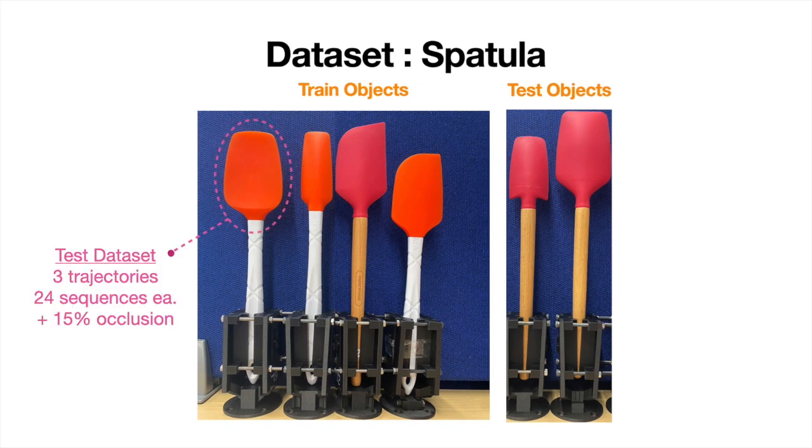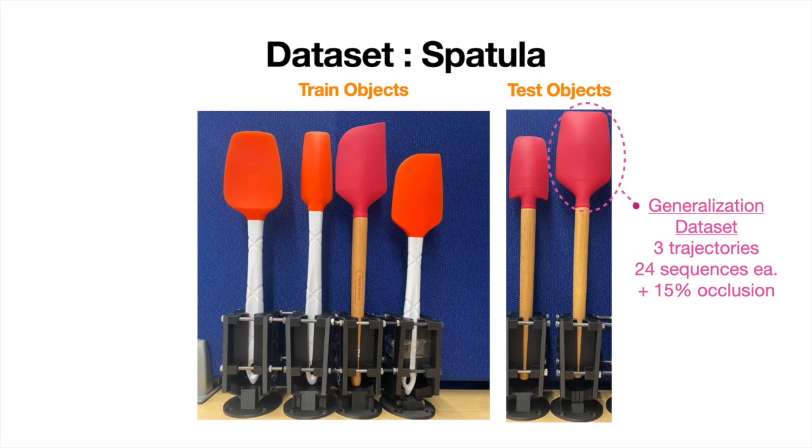We evaluate our model using test and generalization datasets. Both datasets contain artificially generated occlusion at the tip of the spatula for 15% of the total length. The test dataset is about unseen trajectories of 4 objects, and the generalization dataset contains 2 unseen spatulas and unseen trajectories.